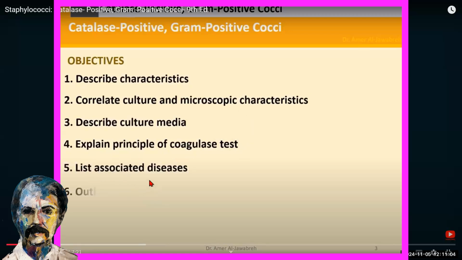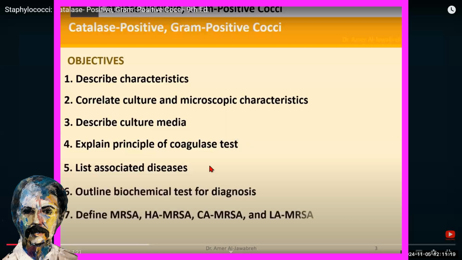We'll also talk about it in the lecture, and not only that, but also in the lab. List associated diseases. What are the diseases that staph causes? Staphylococcus aureus causes a list of diseases. We'll talk about them in this chapter. Outline biochemical tests for diagnosis.